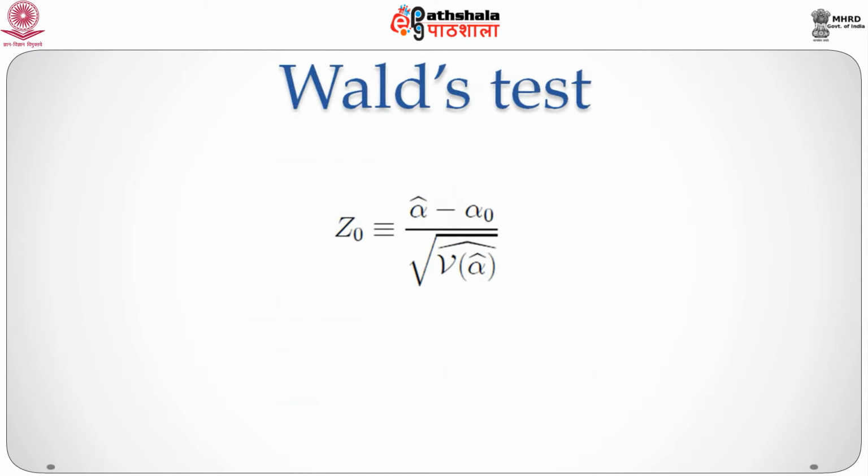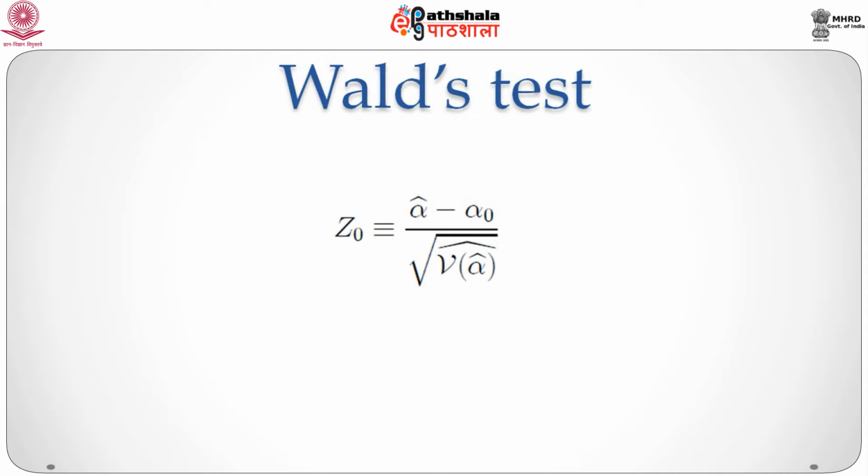An automatic consequence of using maximum likelihood for estimation is that we have a ready-made testing procedure. So say, for example, we have a scalar situation where we have a single scalar parameter and we wish to test H naught: alpha is equal to alpha naught for some specified value alpha naught.